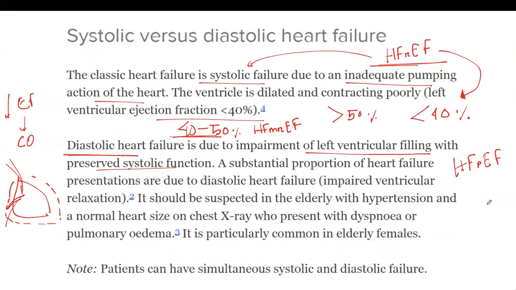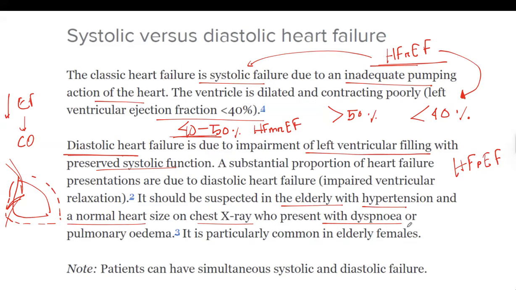And a lot of times we get a patient who has all the symptoms of heart failure, but when we do their echocardiogram, the ejection fraction shows normal. That is the time you will think that possibly this patient has diastolic heart failure. So it should be suspected in the elderly patient with hypertension and a normal heart size on chest X-ray who comes to us with dyspnea.